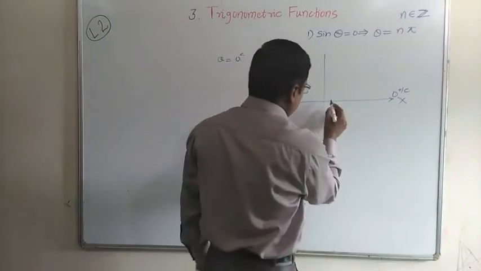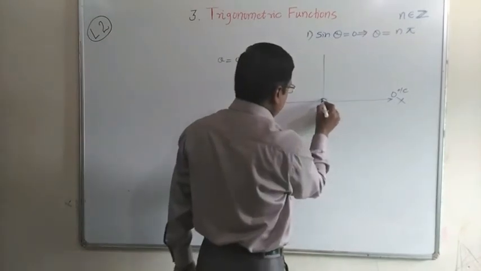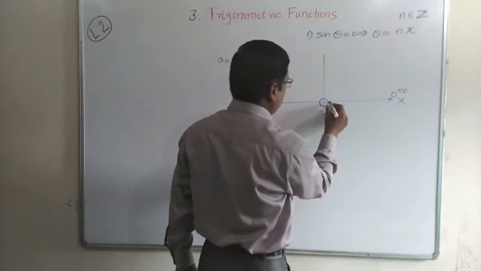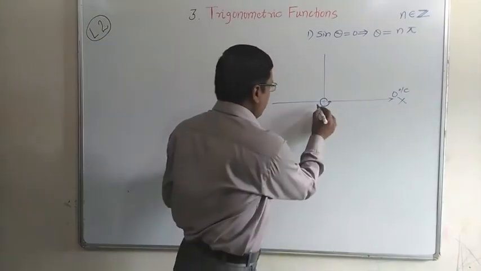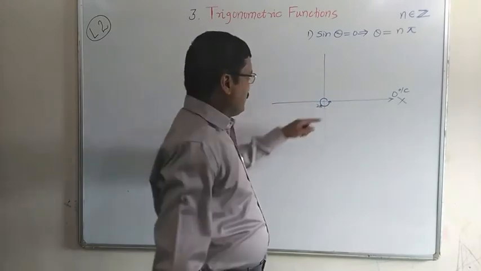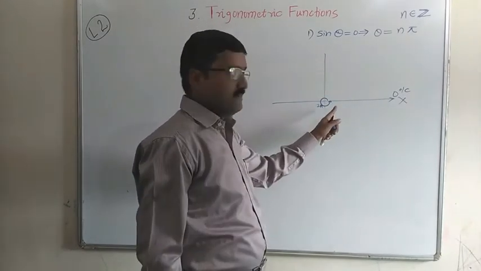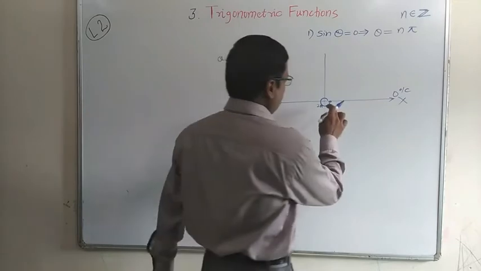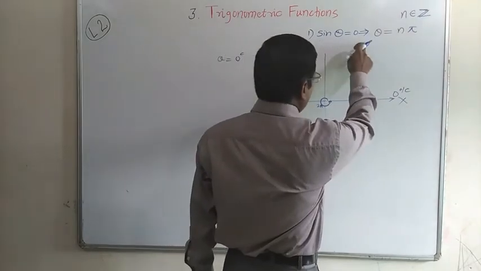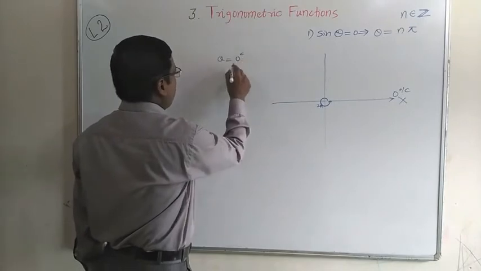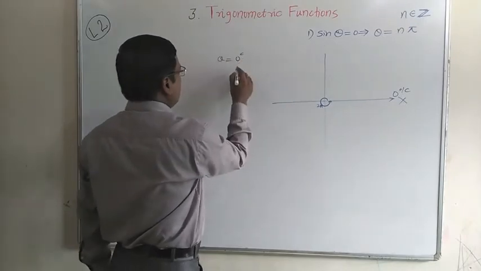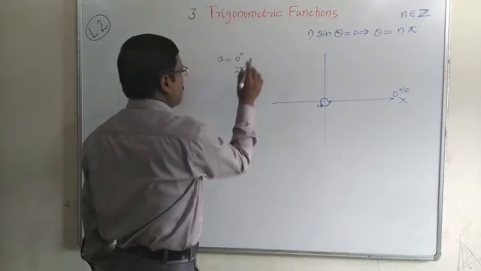Again, if we take an angle having measure 2 pi, the complete circle is nothing but 2 pi radians. So sin 2 pi is also 0. So 2 pi is another solution of this trigonometric function.